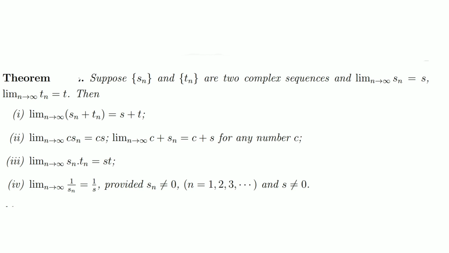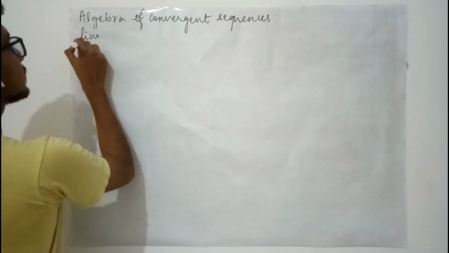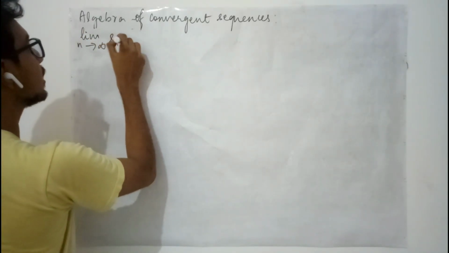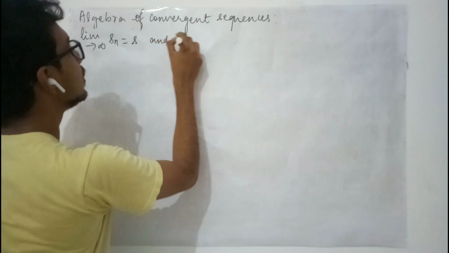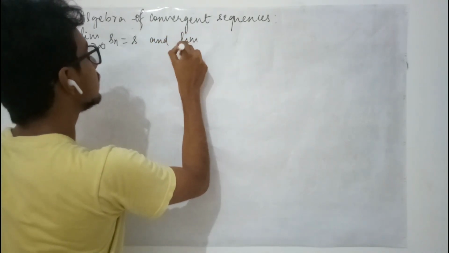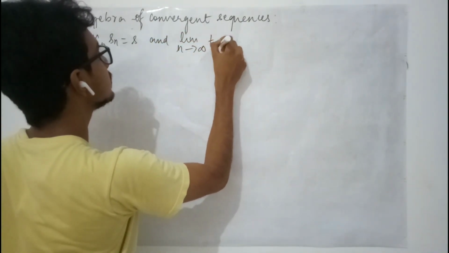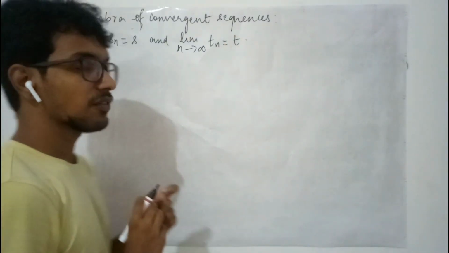Now let us directly get into the hypothesis of the theorem. You may see the statement here. We are given that two sequences Sn and Tn are complex sequences, with limit of Sn equal to S and limit of Tn equal to T. This is the assumption that we make.